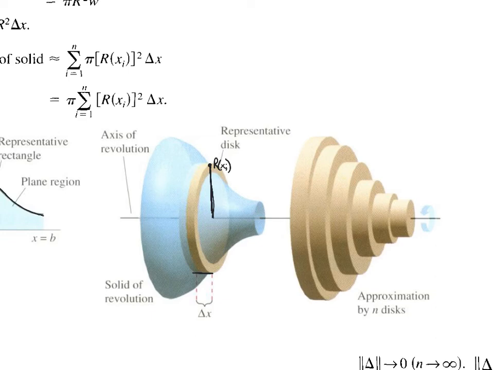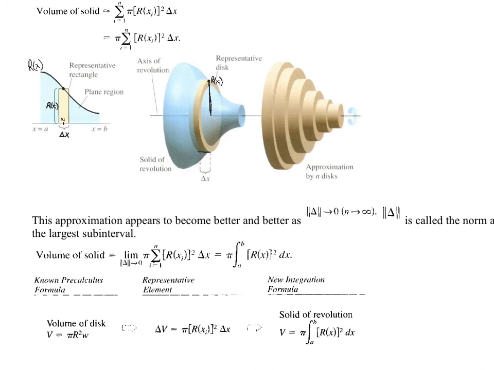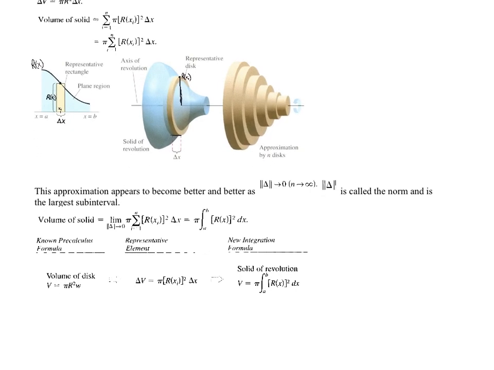So how do I get a better approximation? Increase the number of discs. That's why we are going to use n approaching infinity, or that norm, as it's called, the width of the disk, approaching 0.